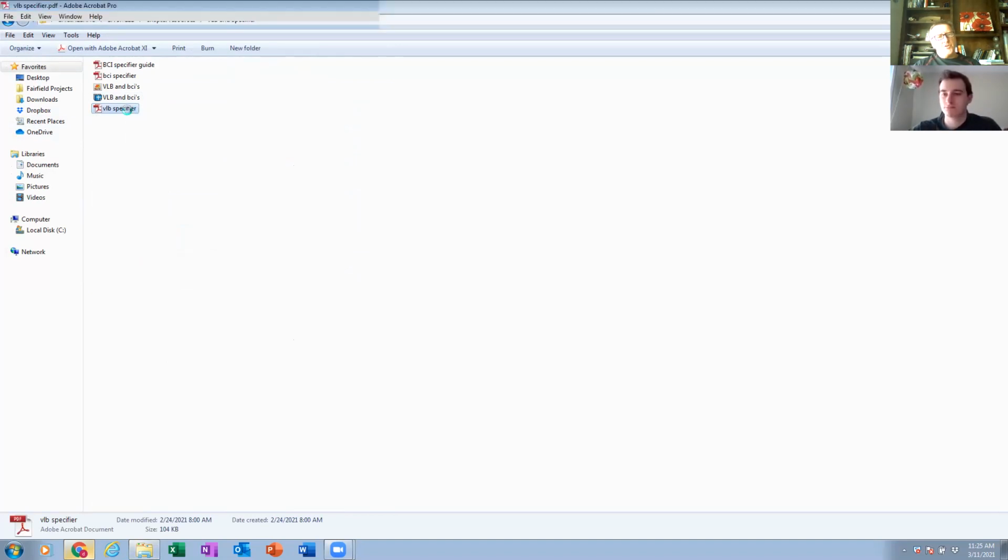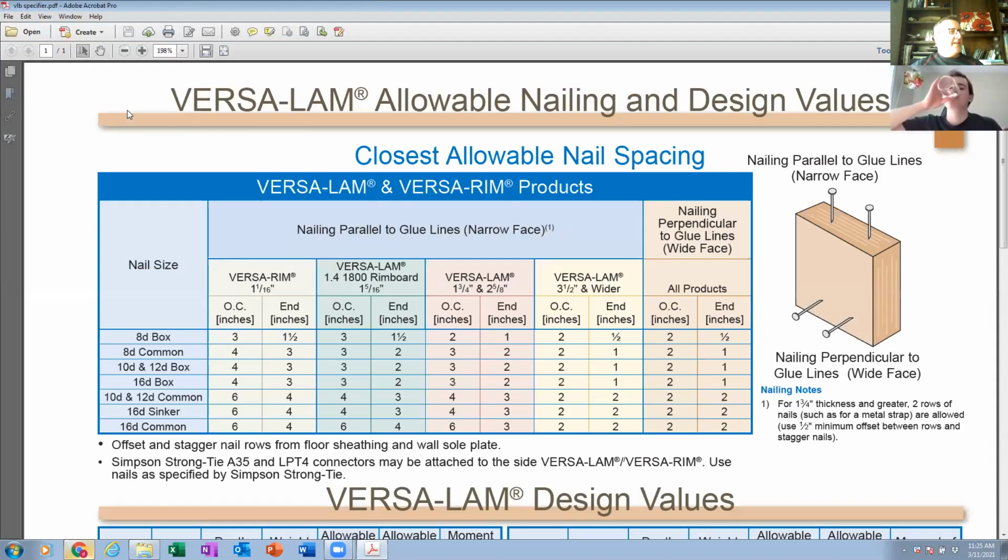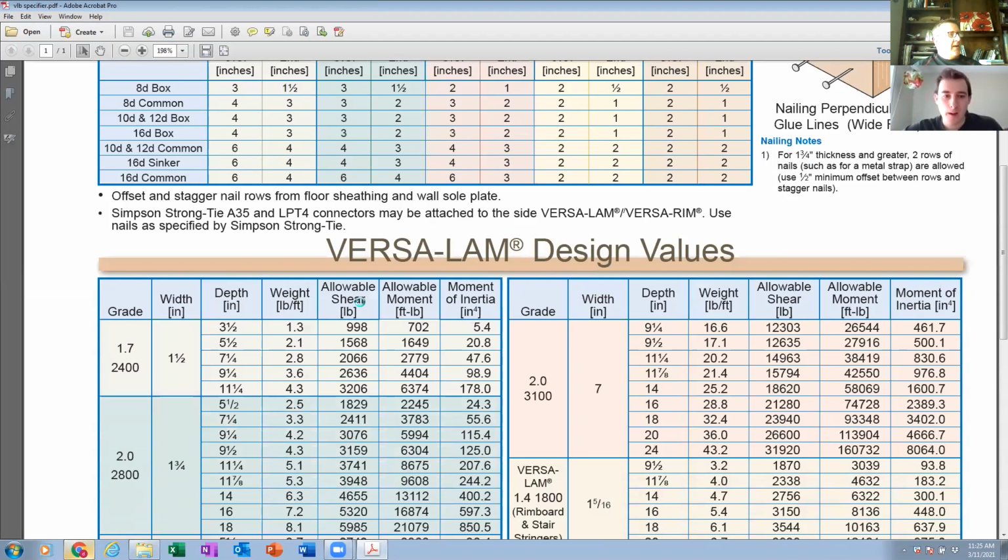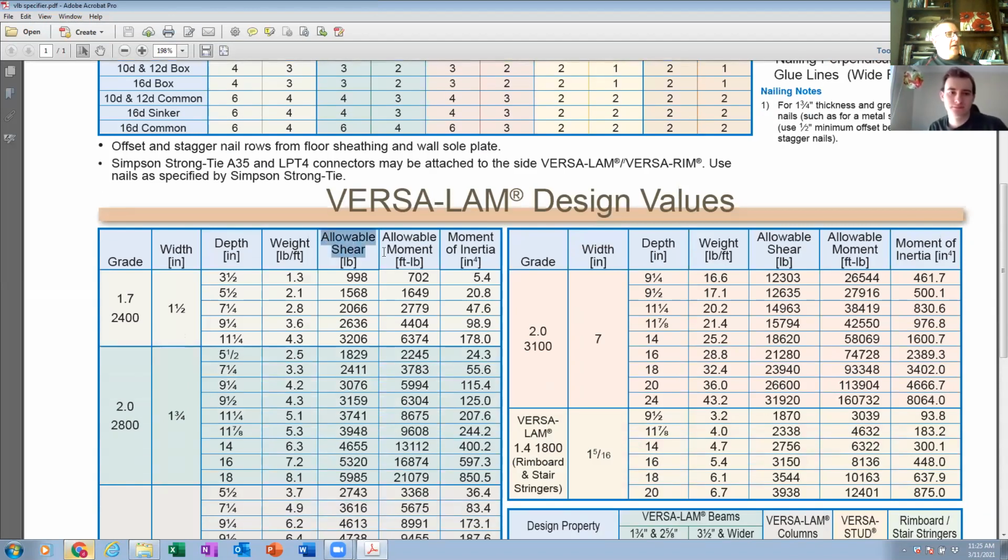So I've showed you this chart before that Boise Cascade gives for their beams. And notice this category right here.